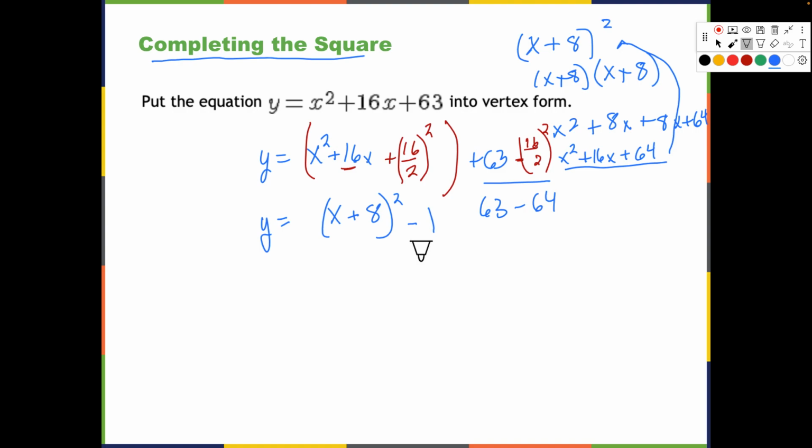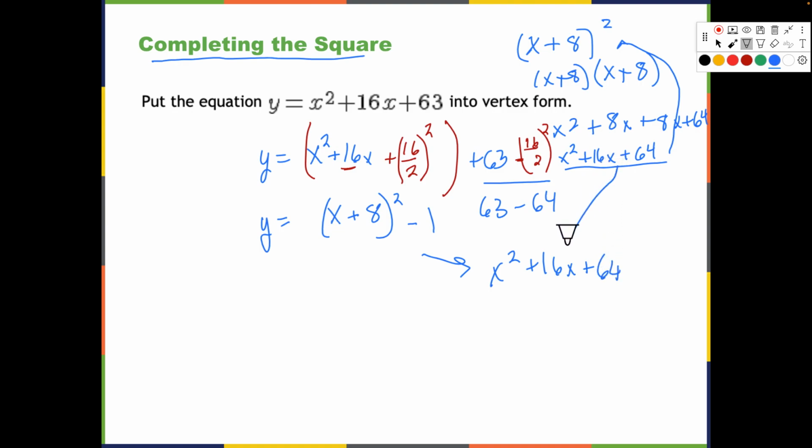Yes. So x plus 8 squared minus 1 is equivalent to the original equation? It is. Yeah, if you were to FOIL this out, what is x plus 8 squared? We did that up here. Well, that's x squared plus 16x plus 64.